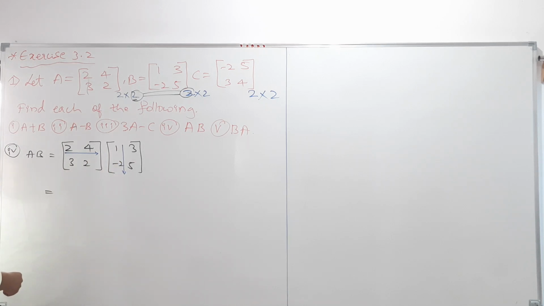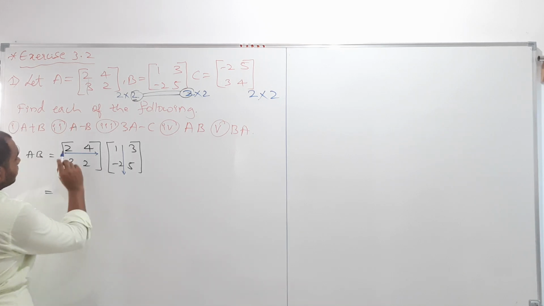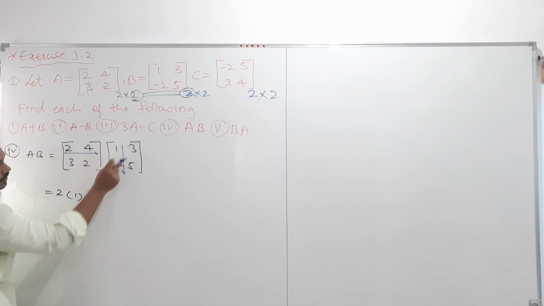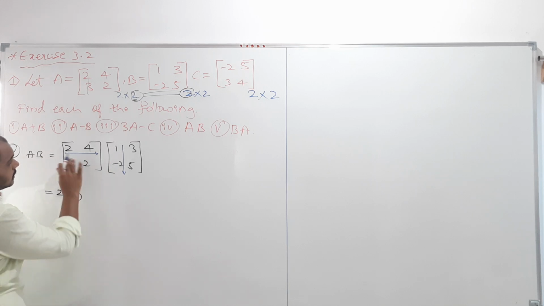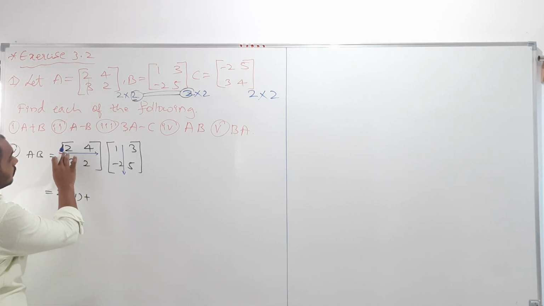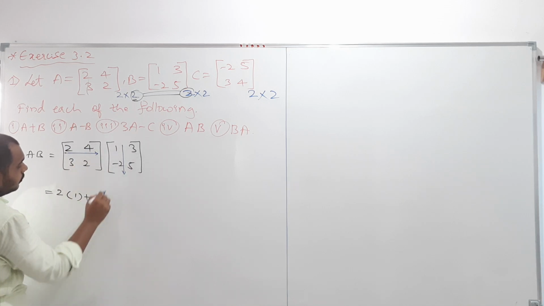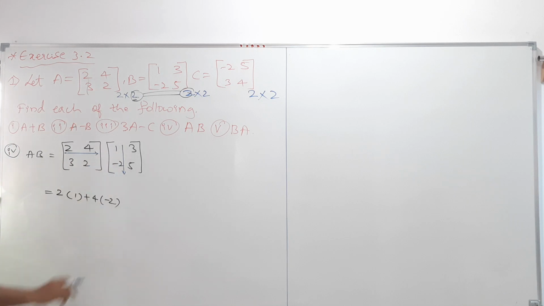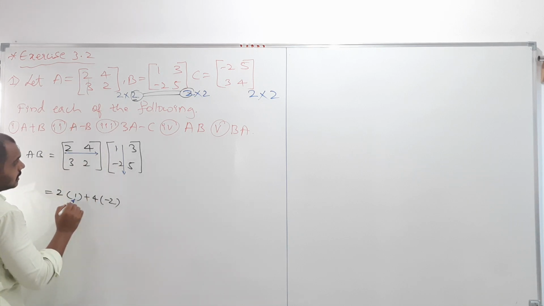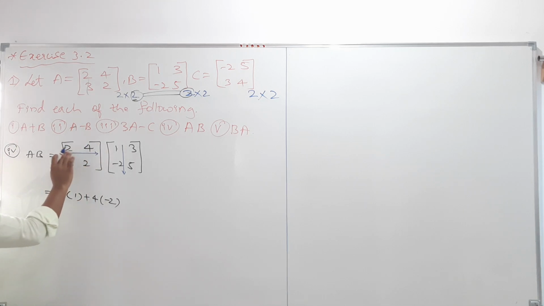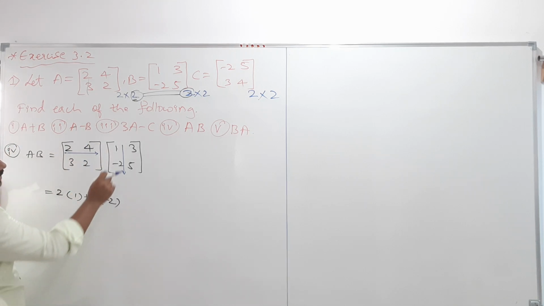So here it is 2 into 1, plus 4 into minus 2. First row, first column elements we should multiply: this element into this element plus this element into this element. Until the first row closes, all the elements we should multiply and add with the first column. That is 2 into 1 plus 4 into minus 2.